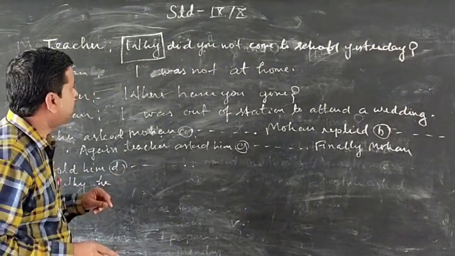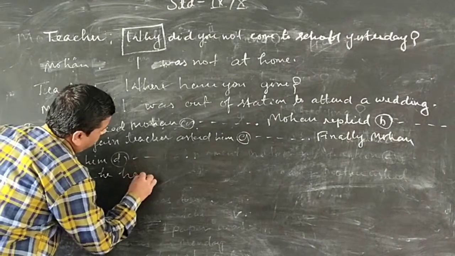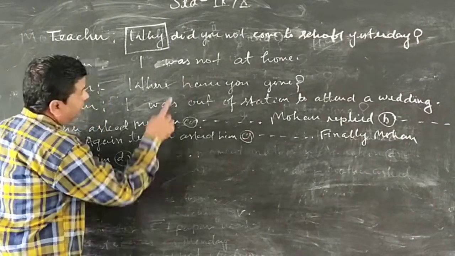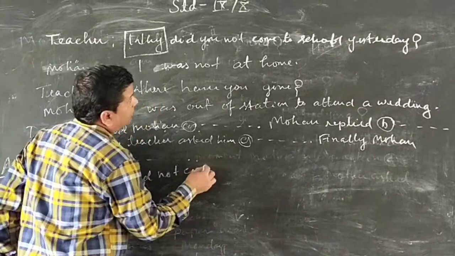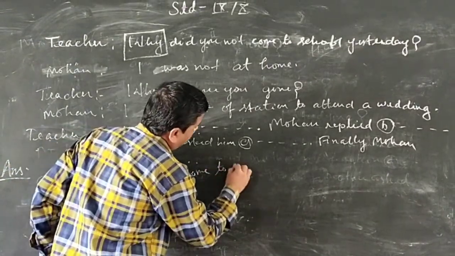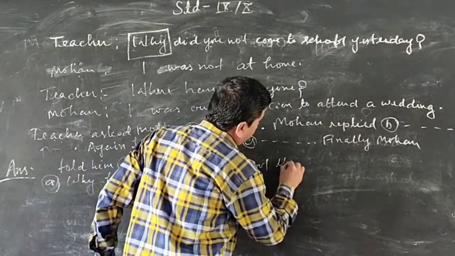In past perfect we use had plus V3. So he had, and the negative not comes with V3: had not come to school. Yesterday will change into the previous day.